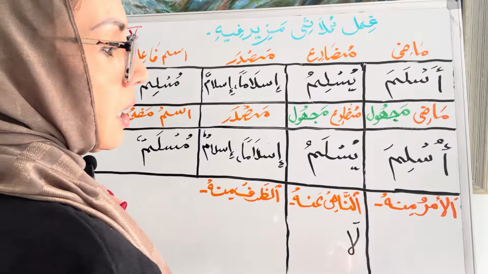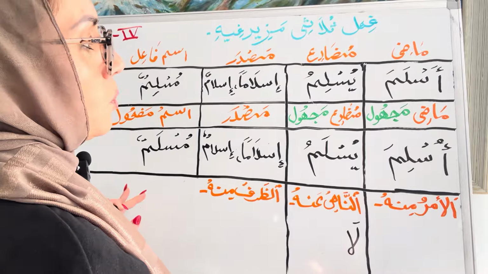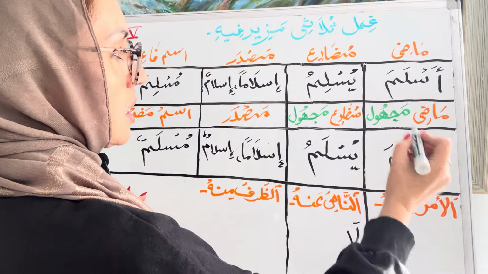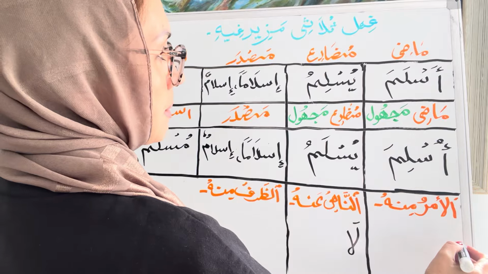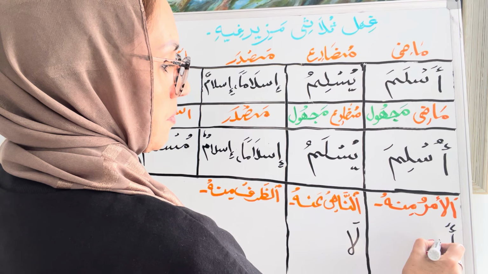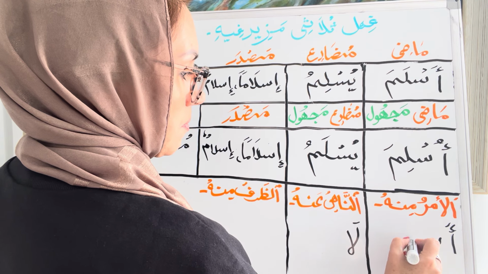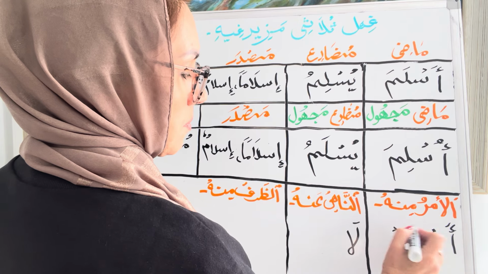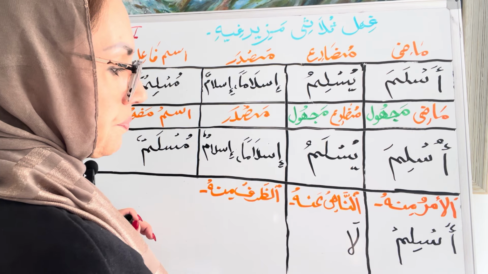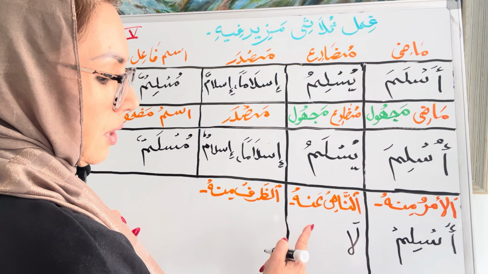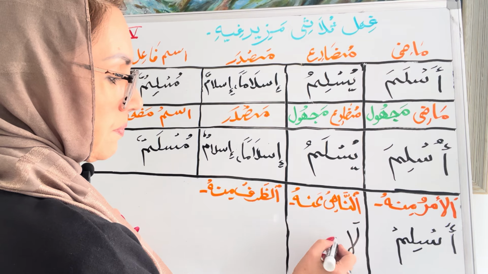All right, let me erase this for more space. الأمر منه, meaning the command version, so we have to say أسلم. النهي عنه لا تسلم.